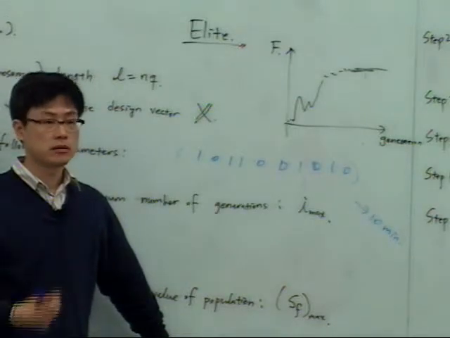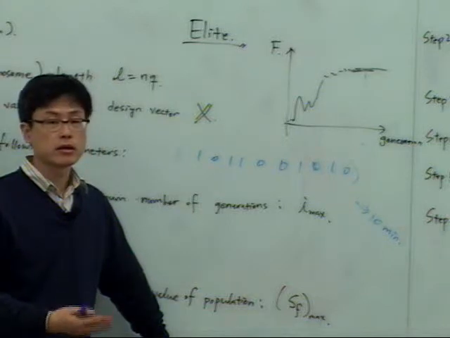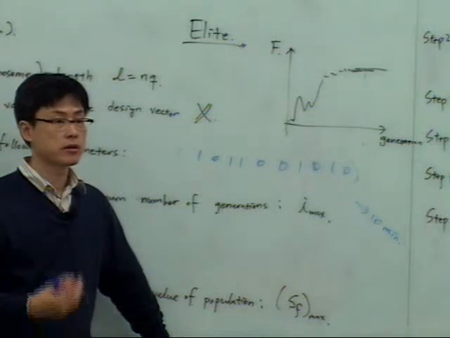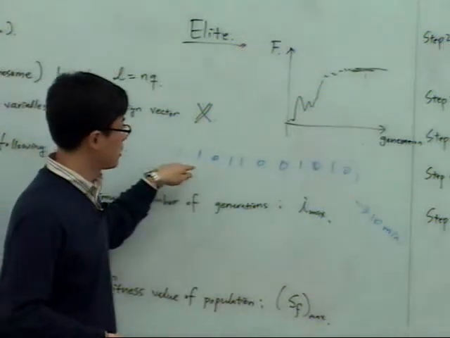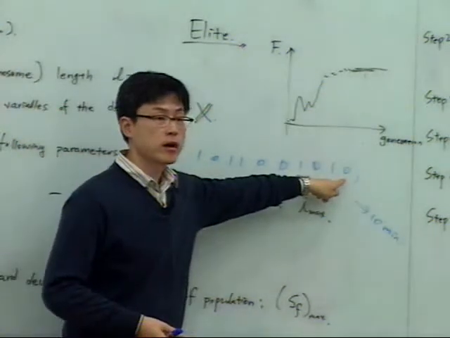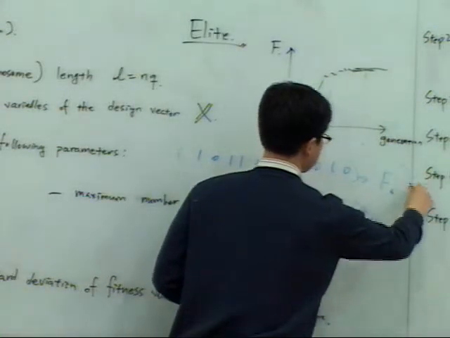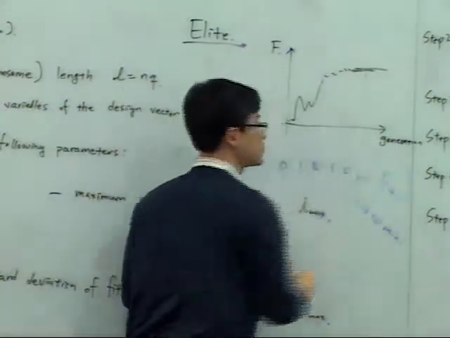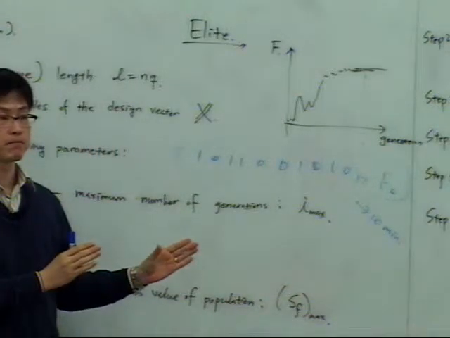So another approach to alleviate this time-consuming problem is to keep the history of the evaluation. For example, this chromosome has some value, and you just put this history into your database. Okay?